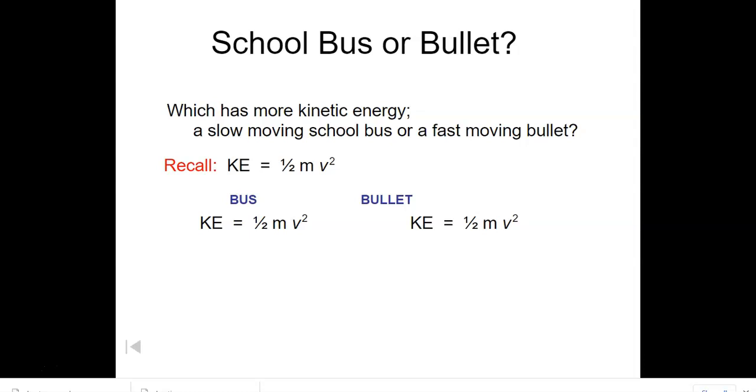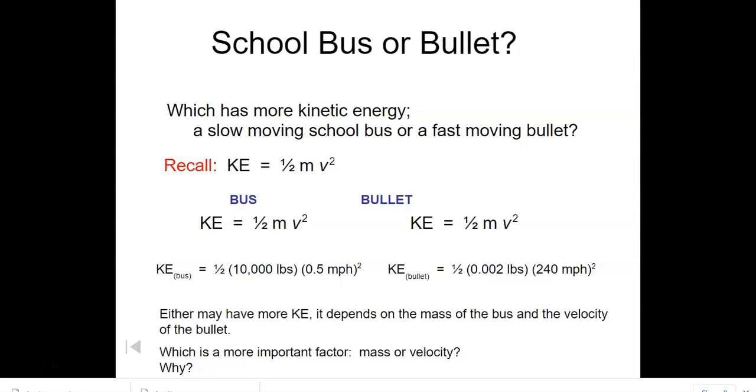We see our bus and our bullet both have kinetic energy. And here's the equation. So we have 1/2 and we have a lot of mass but a little speed versus a little mass and a lot of speed. Either may have more kinetic energy. It depends on the mass. And so we're going to look and see. If you solve for them, you'll find out that the bullet has more kinetic energy because of its velocity.